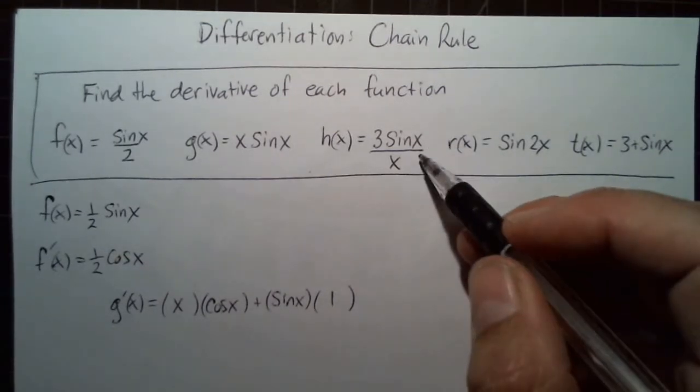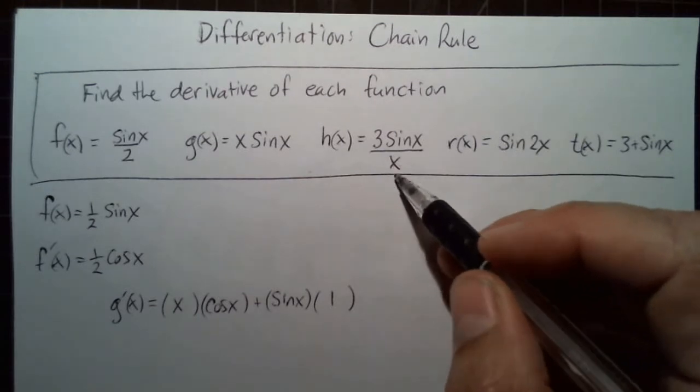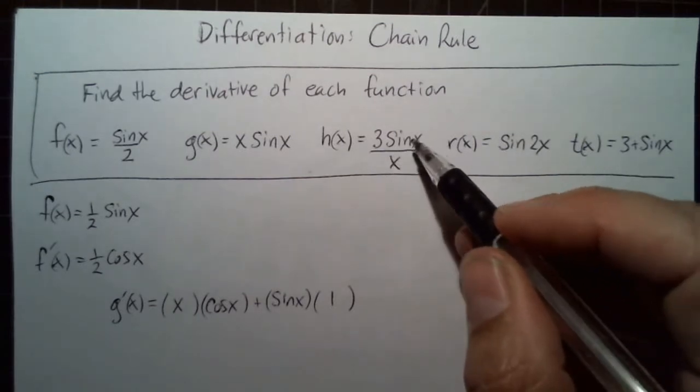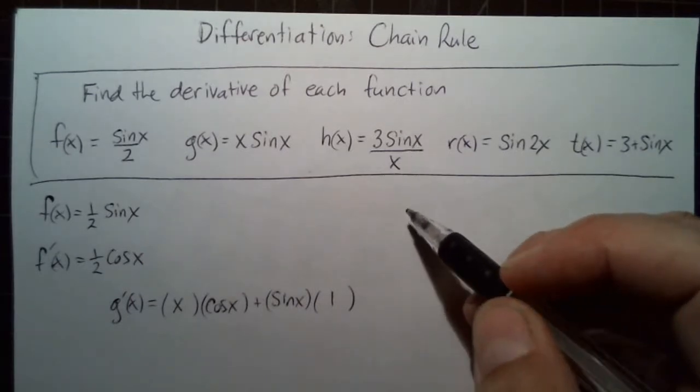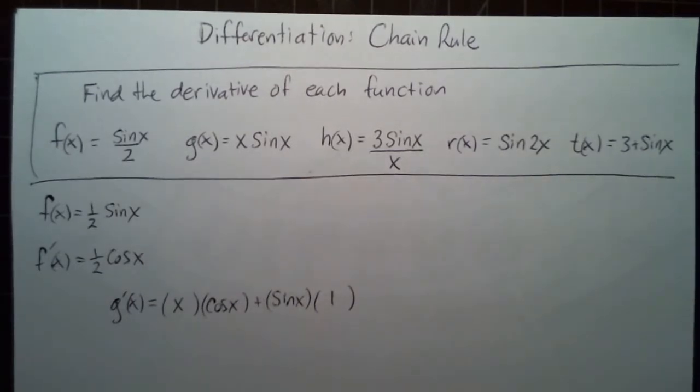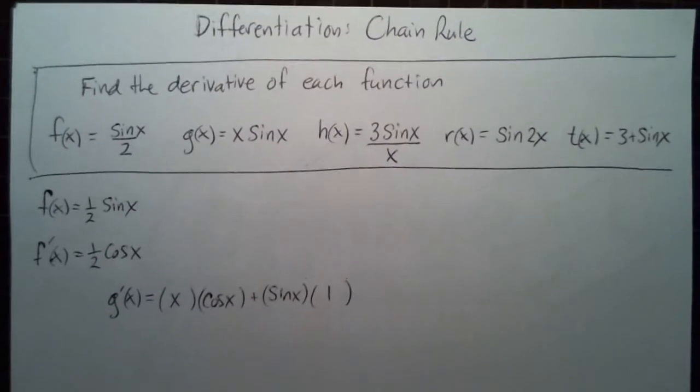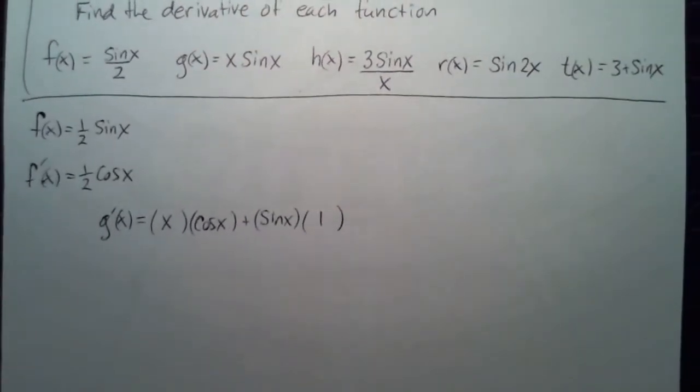We know that when we divide by a variable, we can't just find the derivative of the numerator and denominator. We have to use the quotient rule. And that looks like this.